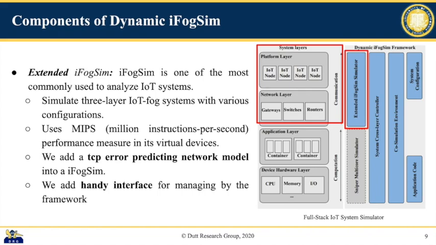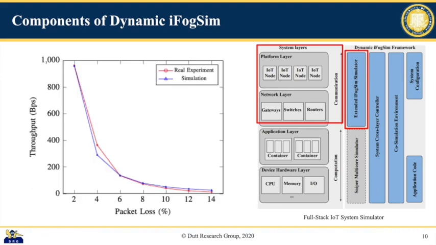So we made a handy interface for iFogSim using text input and added a TCP predictive network model to iFogSim too. We added the TCP network model because the current iFogSim's network interface is a simple linear calculation. So we added the TCP network model referred from the last cited paper, and its result is not bad. Using this extended iFogSim, we can simulate the workflow and network packet logs between virtual devices.